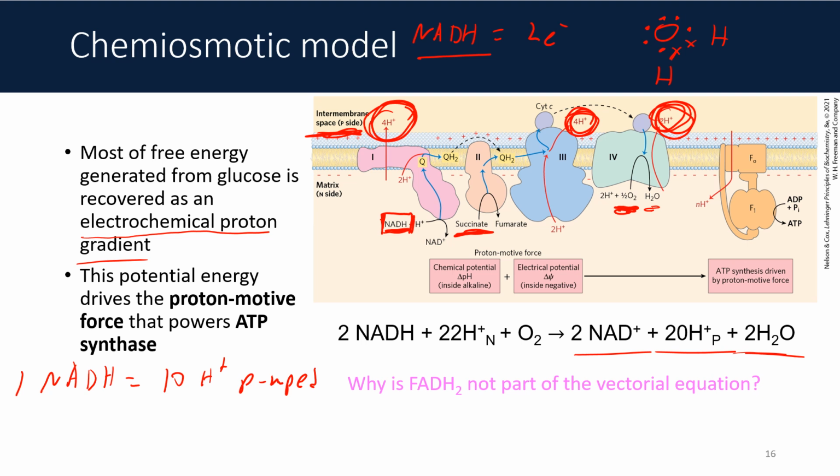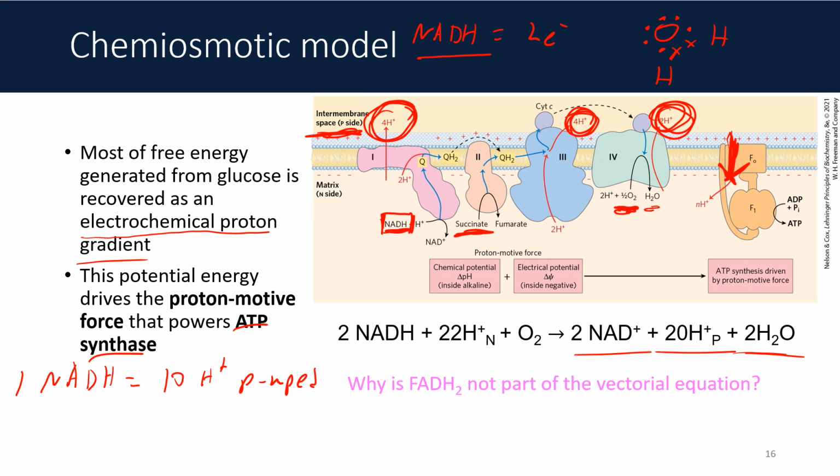This potential energy is what ultimately will drive the proton-motive force powering ATP synthase. The universe wants to even out this concentration gradient, and we're going to capitalize on that over here. So that is how we exploit our proton gradients.